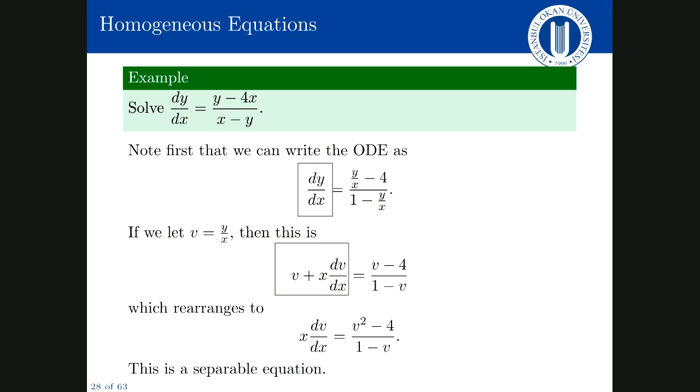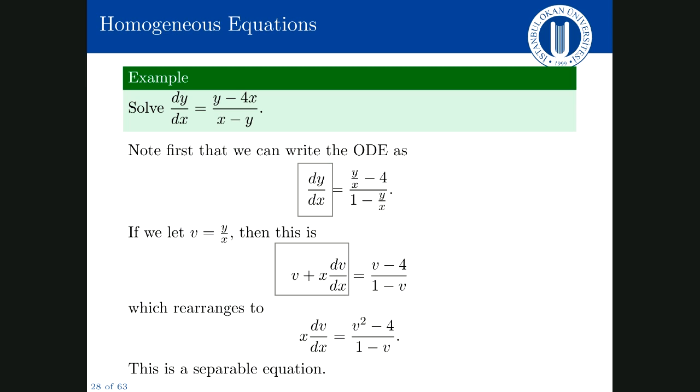Rearrange this to solve for x dv/dx. We get x dv/dx is equal to v squared minus 4 divided by 1 minus v, which you can check. This is a separable equation.